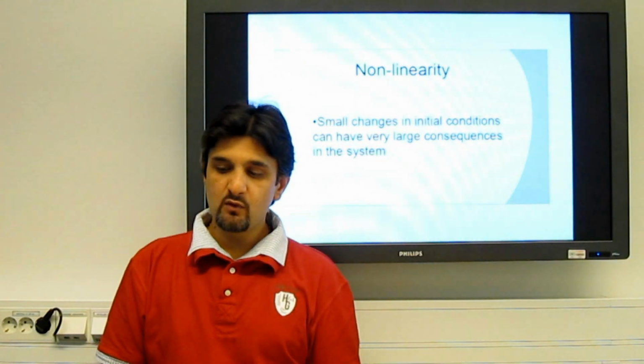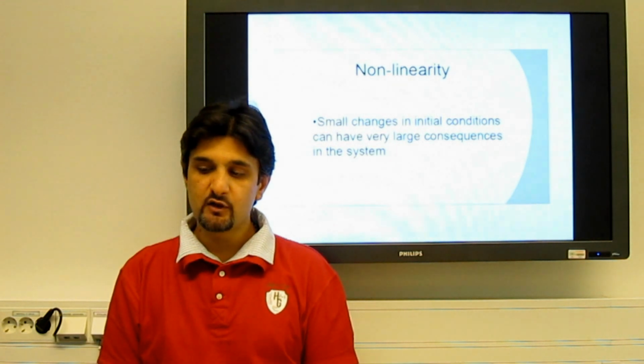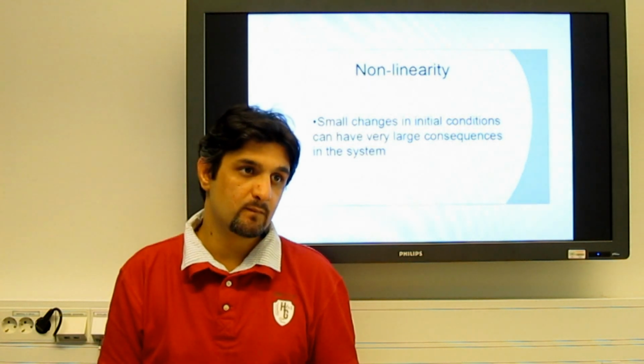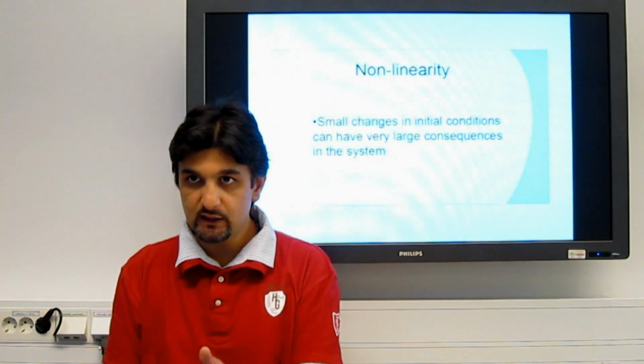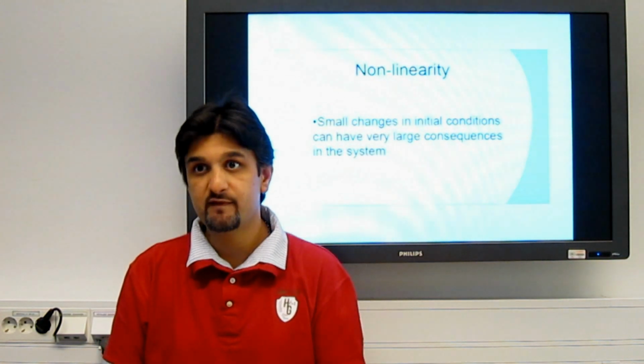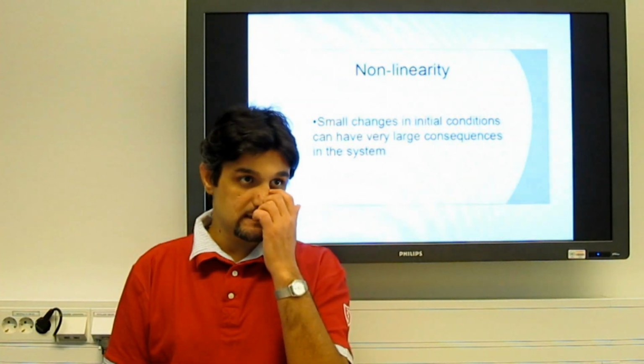Non-linearity means that small changes in initial conditions can have very large consequences in the system. So small changes in the initial condition can cause very big consequences in the system.